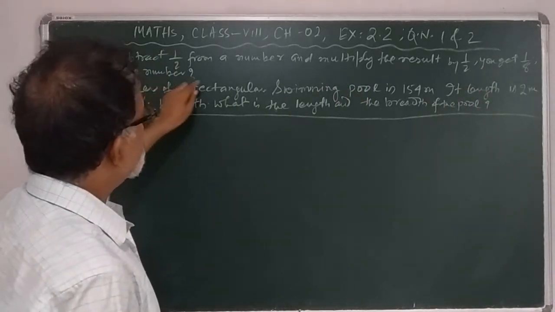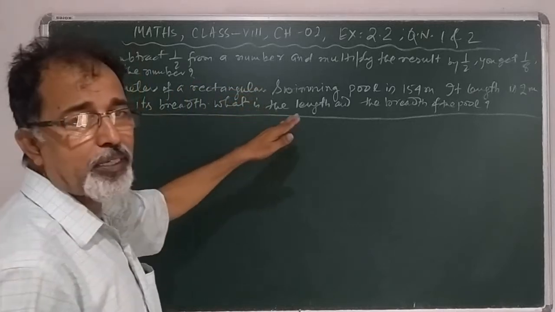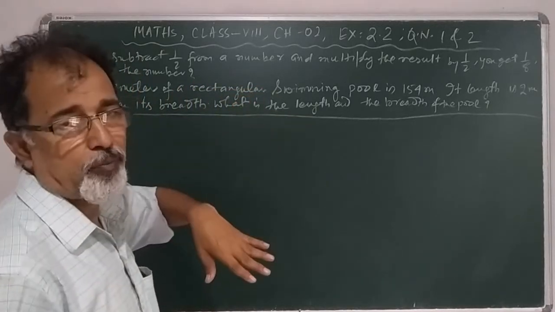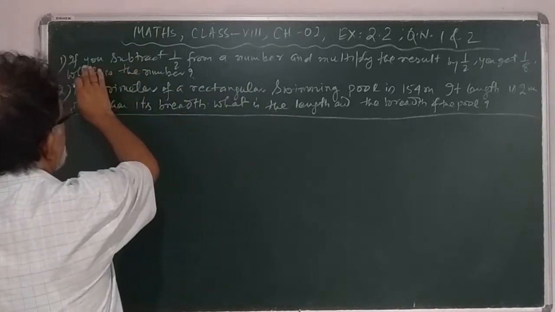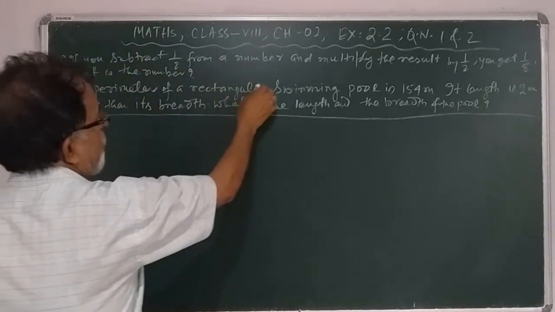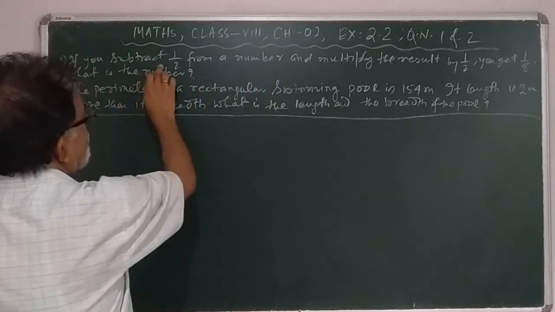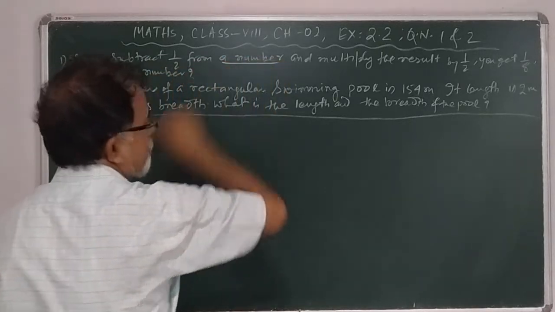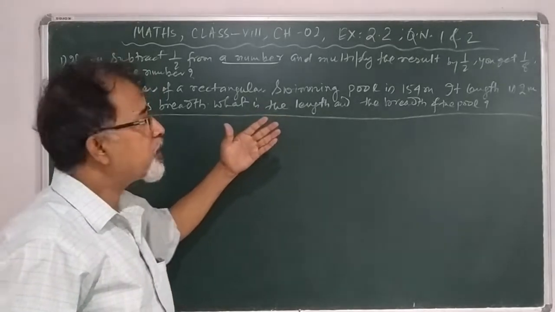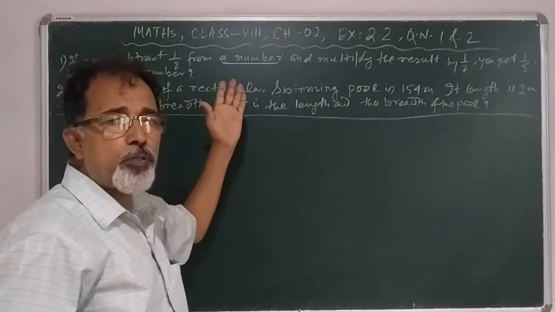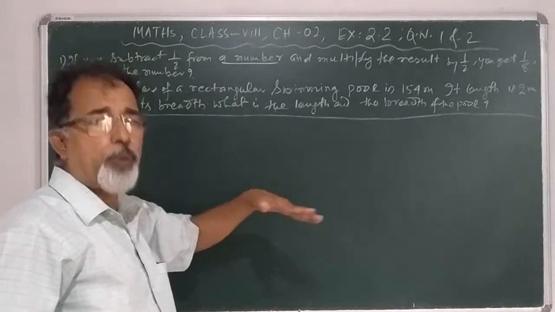Here, what is given and what is required? First of all, I am going to read once again the first part of the question. If you subtract 1 by 2 from a number. From a number means an unknown number.